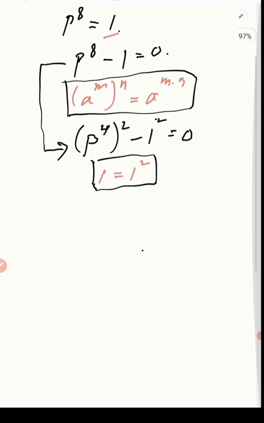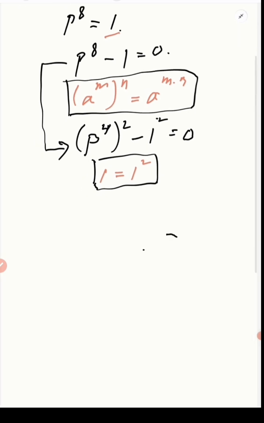And now, based on an identity, a squared minus b squared is equal to a minus b times a plus b.